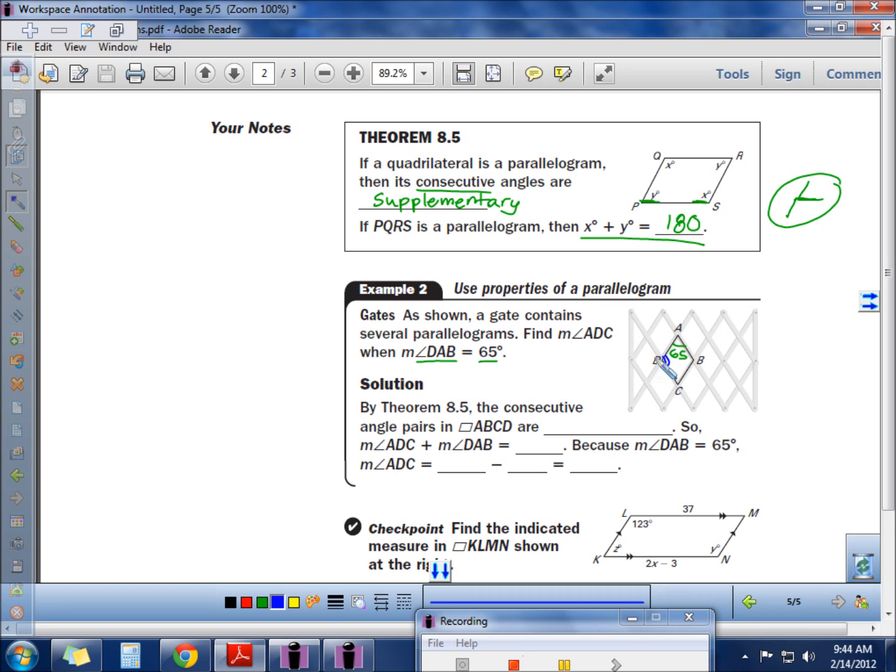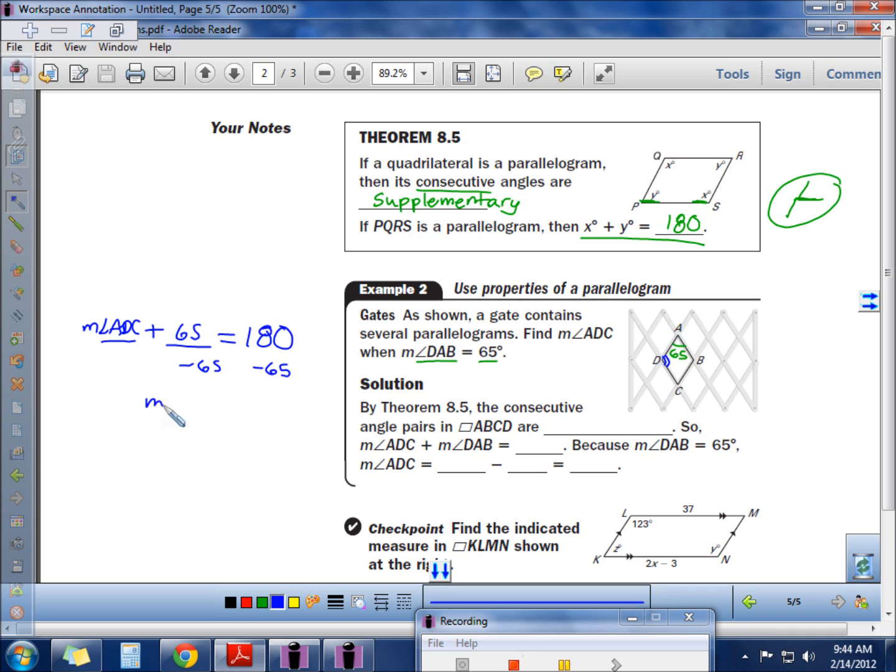Are they consecutive? Are they side by side? That means they add up to 180. Two things add to 180 if they're supplementary. So we could say the measure of angle ADC plus 65 is 180. Subtract 65, and what do we get?